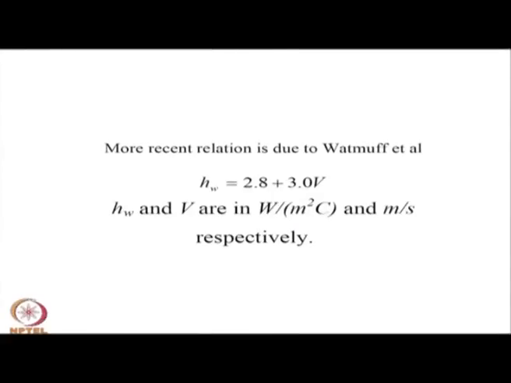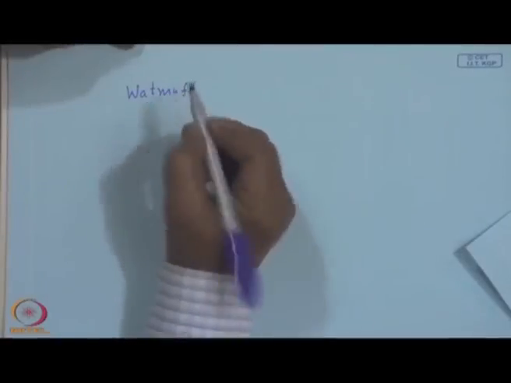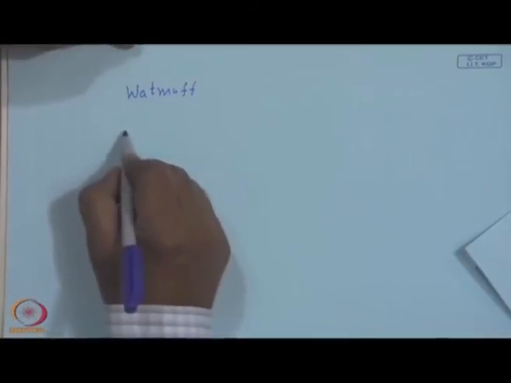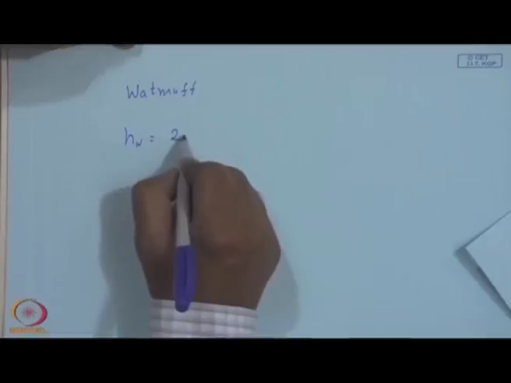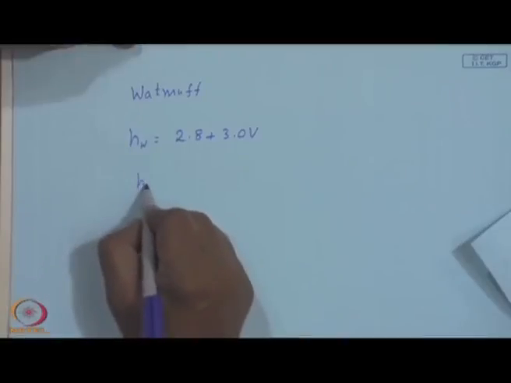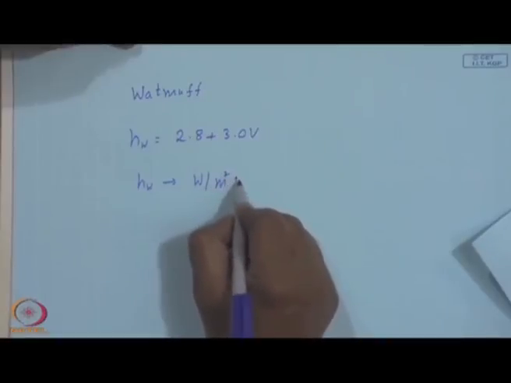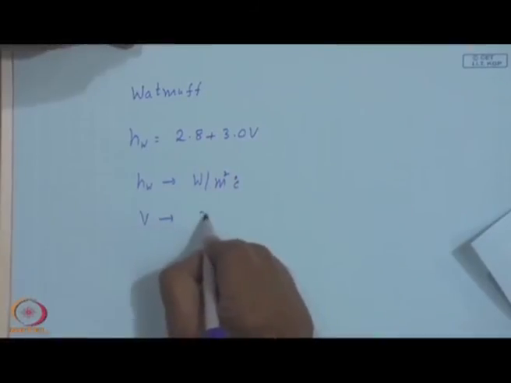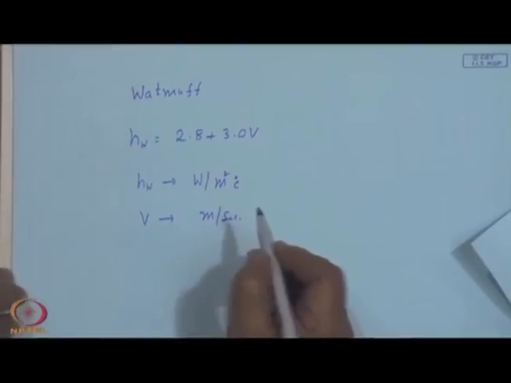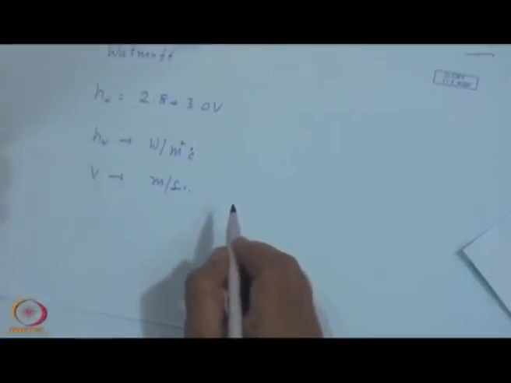Subsequently, more recently rather relatively, Watmuff et al. suggested this H W be calculated as 2.8 plus 3.0 V. Again H W is watts per meter square degree C and V is in meters per second. So, you can see that the Watmuff relation gives a lower value for H W compared to the value one would obtain by McAdams relation for a given wind velocity.